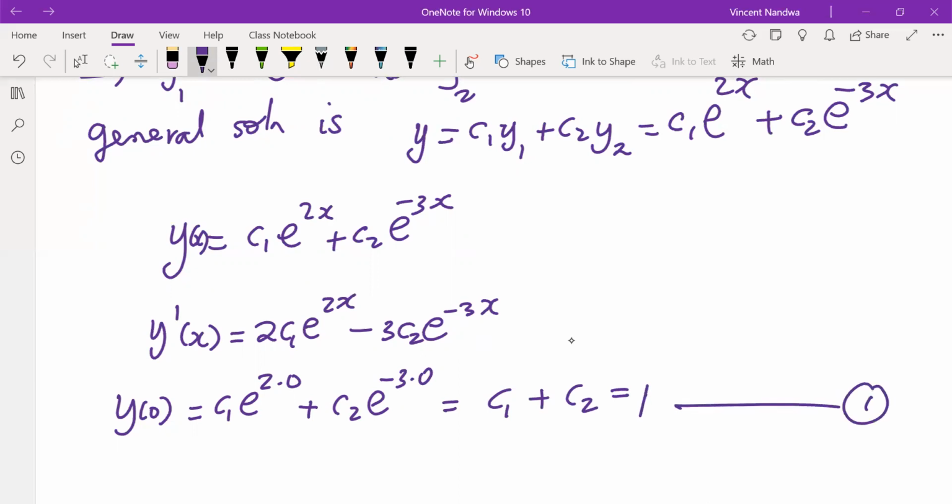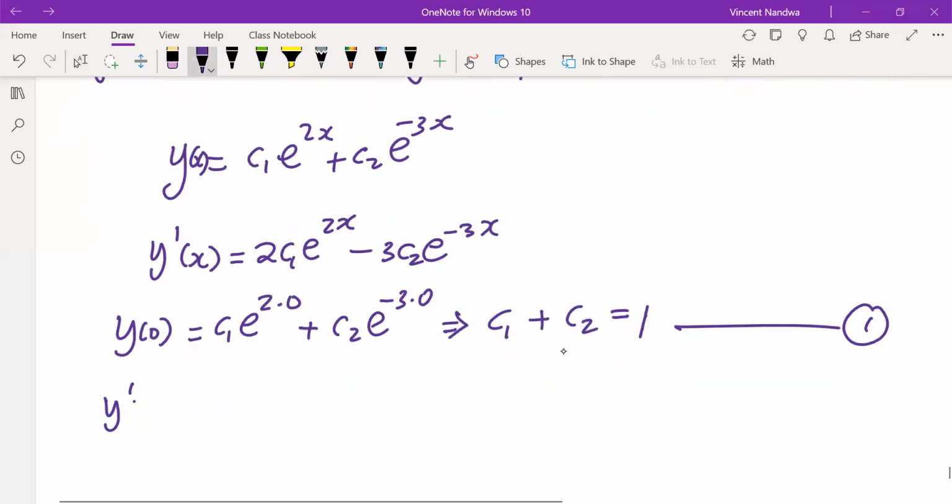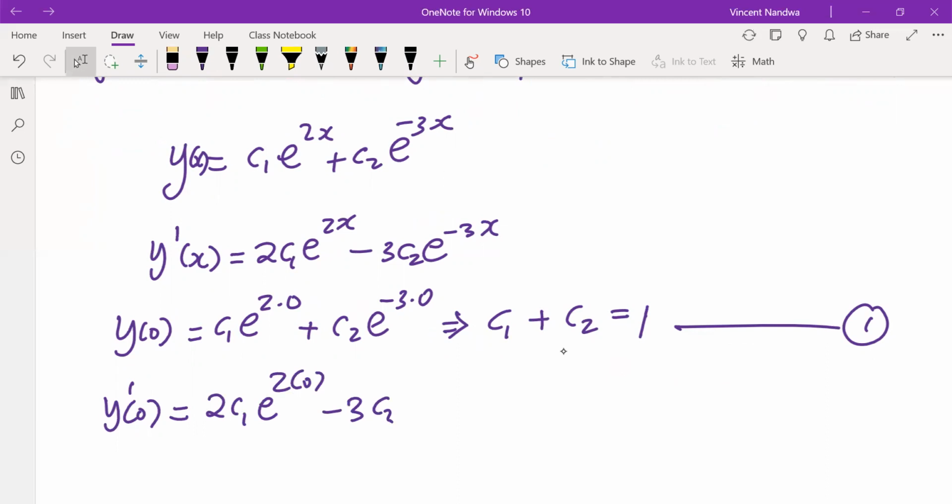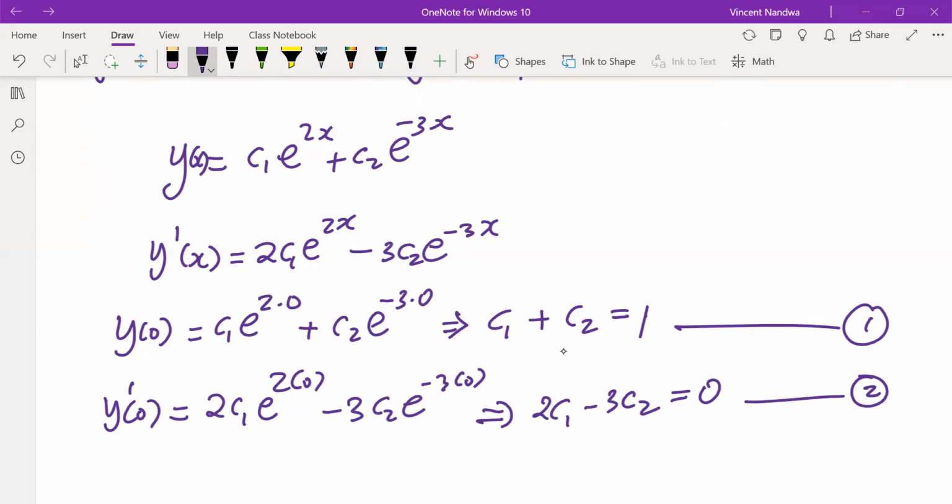Call this equation 1. And then y prime at 0 will be 2c1 minus 3c2. This y prime at 0 was given as 0 in the initial conditions.